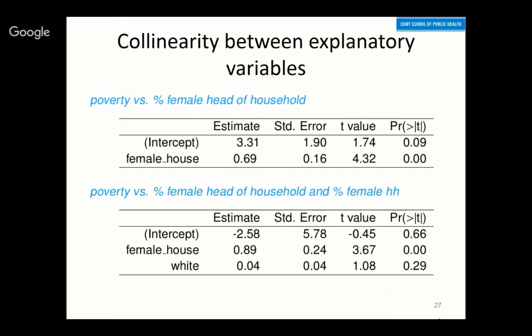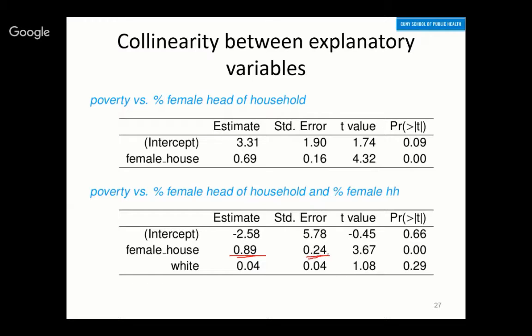So when we had only female householders in the model, we had an estimate of 0.69 and a standard error of 0.16. And when we add the white variable into it, we actually see an increase in the apparent effect of female householders on poverty, and also an increase in the standard error.